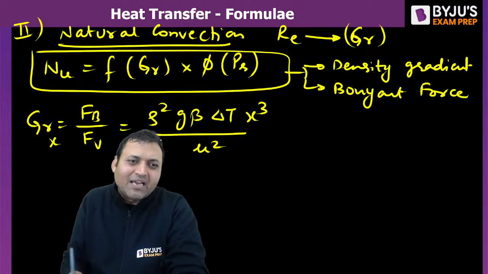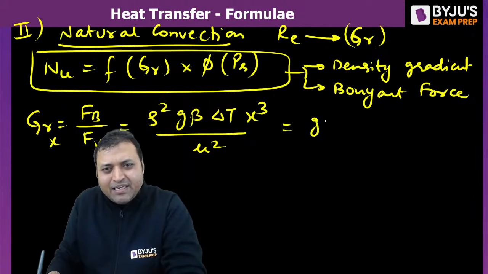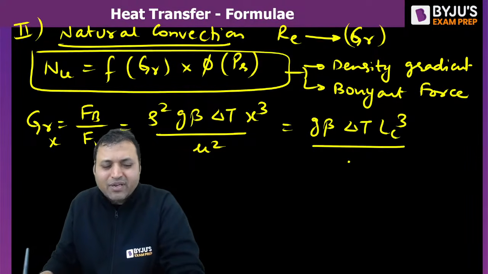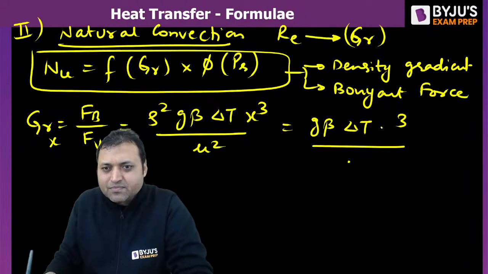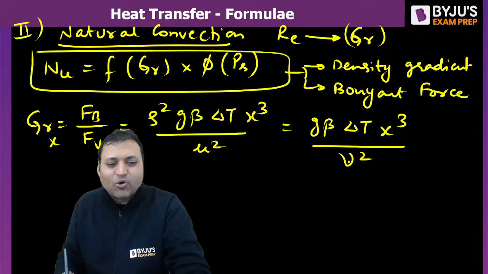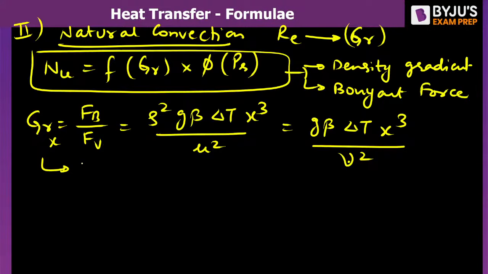Or we can write it as g beta delta T x cube by nu square. That is called the local Grashof number.